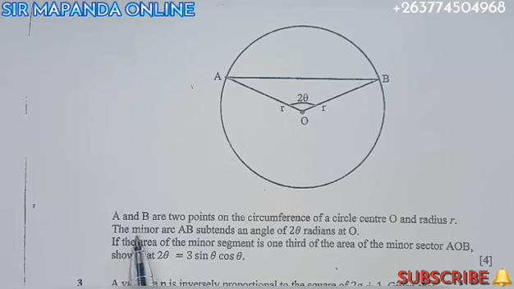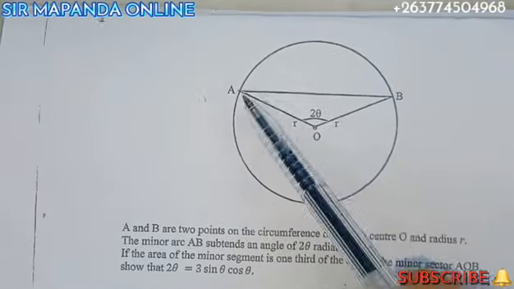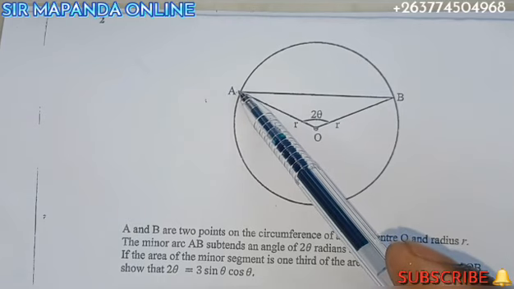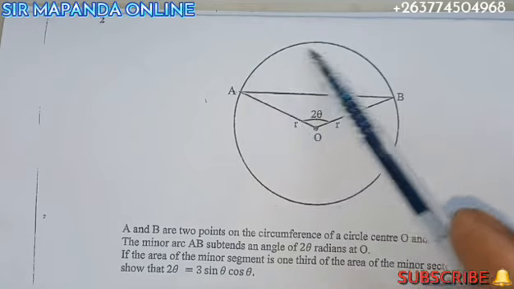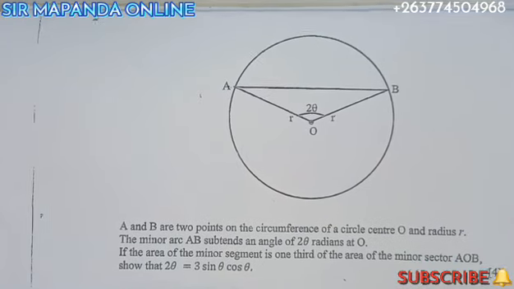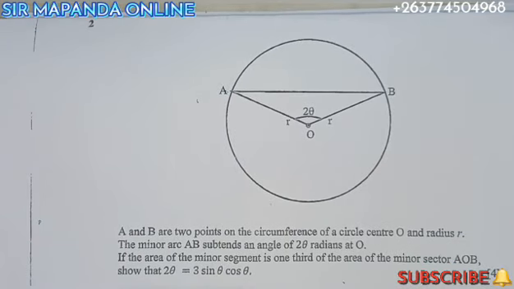The minor arc AB, they are referring to the arc above, which is starting from A up to B. This is your minor arc, right? It subtends an angle 2 theta radians at O.